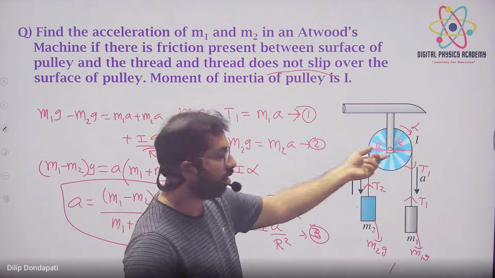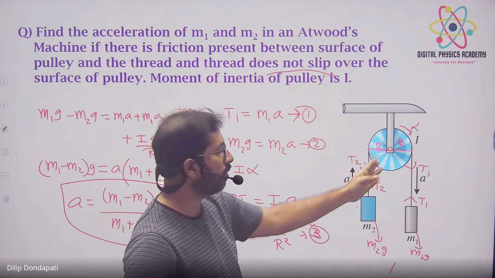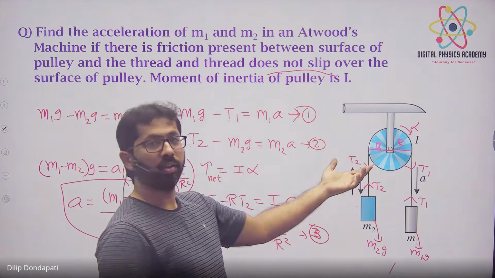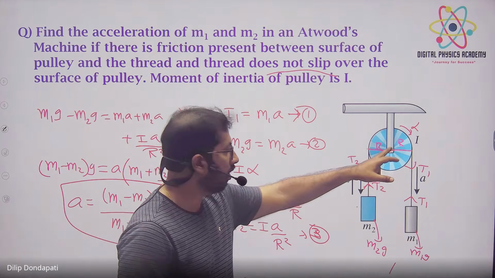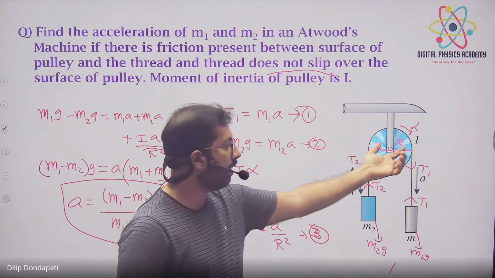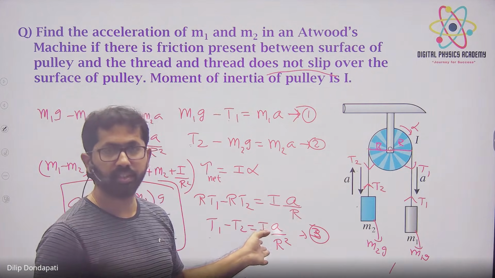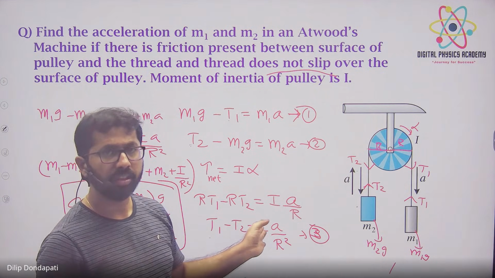Forces will be different only. T2 into R, T1 into R. So suppose for T1 it's 2R and for T2 it's something else, 3R or something. उसका करो. You should take as 2R into T2 and here 3R into T1. R में R get cancel हो जाएगा, right? इसमें.